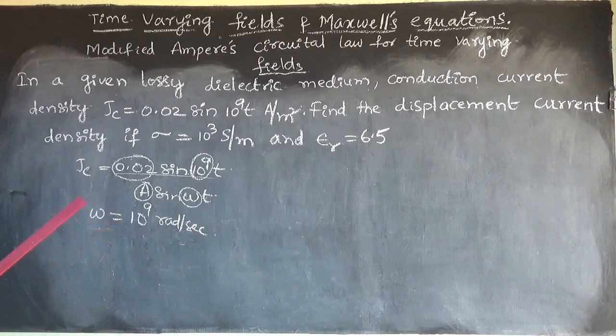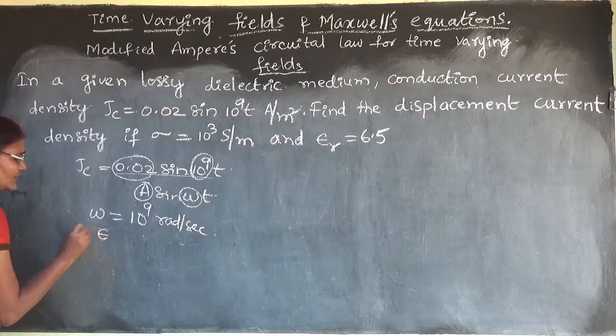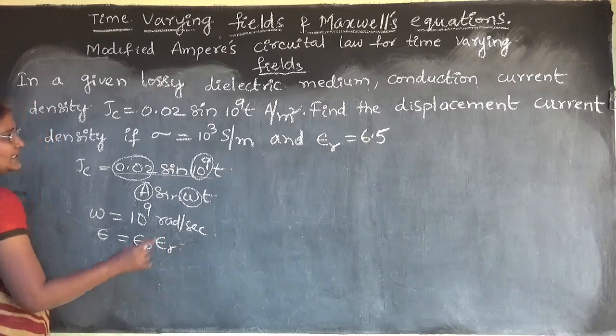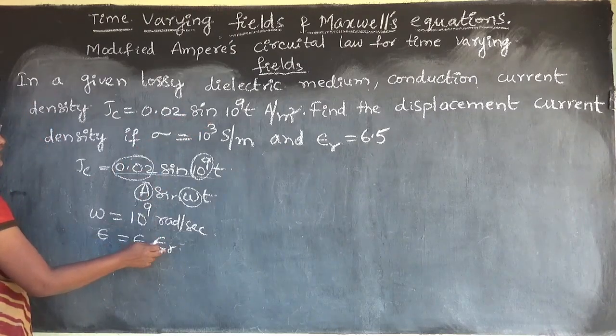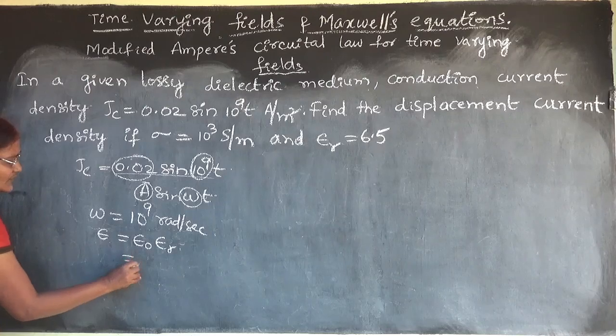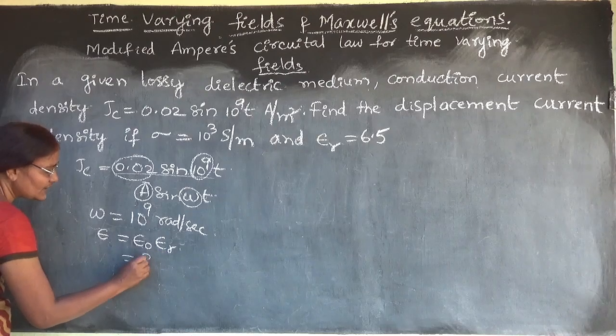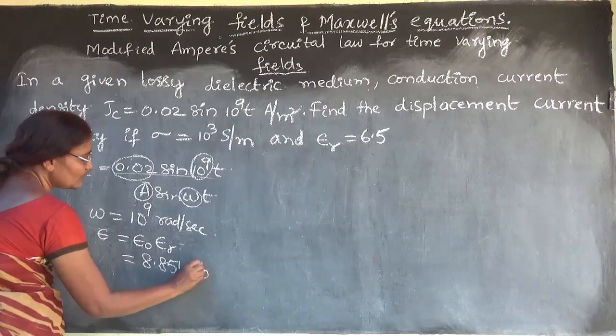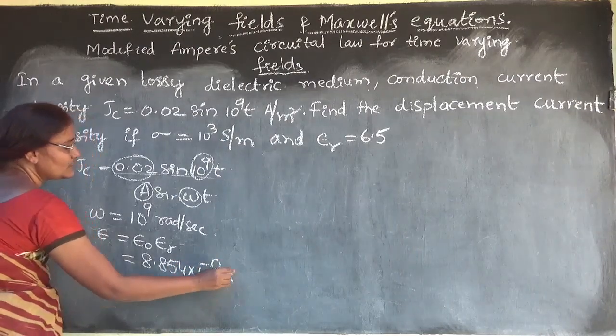And epsilon r is given. What is epsilon? Epsilon is equal to epsilon naught into epsilon r, because it is another medium which is not free space. Epsilon naught is 8.854 into 10 to the power of minus 12, into 6.5.